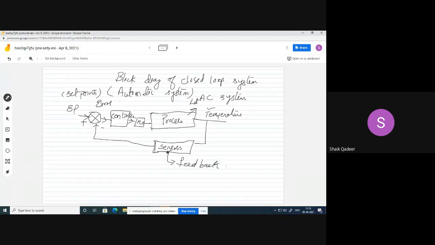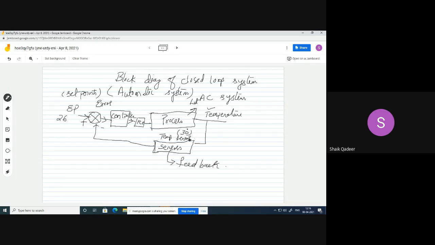So we have a sensor which measures the temperature. We can consider the sensor to be a temperature sensor. Suppose it is reading the value in the present iteration as 30 degrees, and we have set our air conditioning system set point, usually with our remote, as 26 degrees.